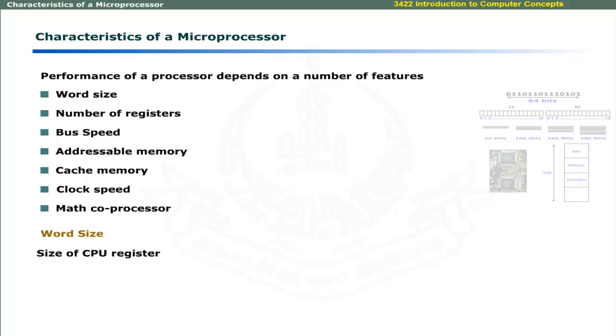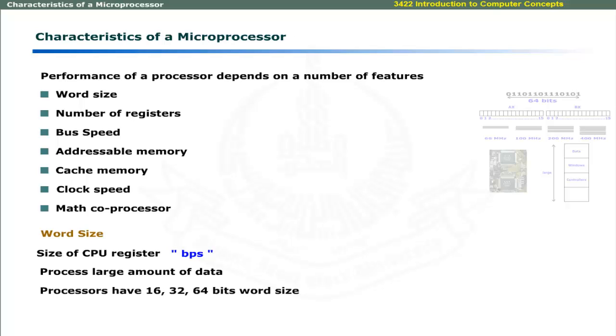It describes the number of bits that the processor can process in a unit of time. A processor can process a large amount of data if the word size is larger. Typically, processors have 16, 32, and 64 bits word size. This graph compares different processors.